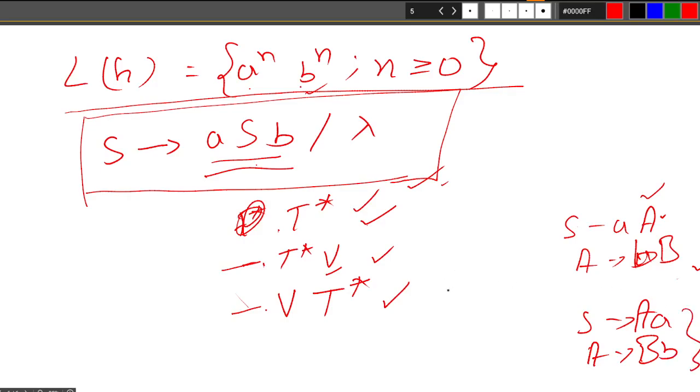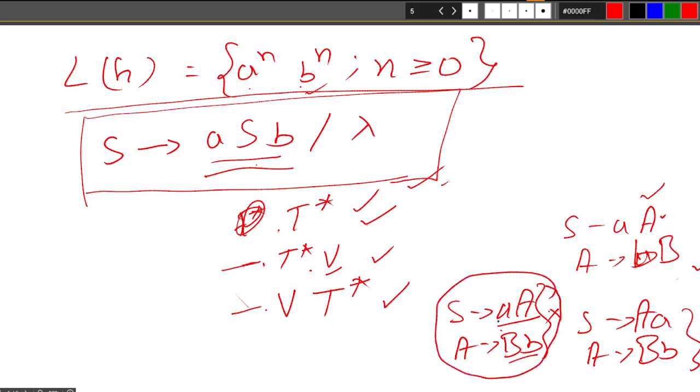However, if you have something like S gives aA and A gives Bb, then you are having both of the things, so this is not allowed in regular grammar.